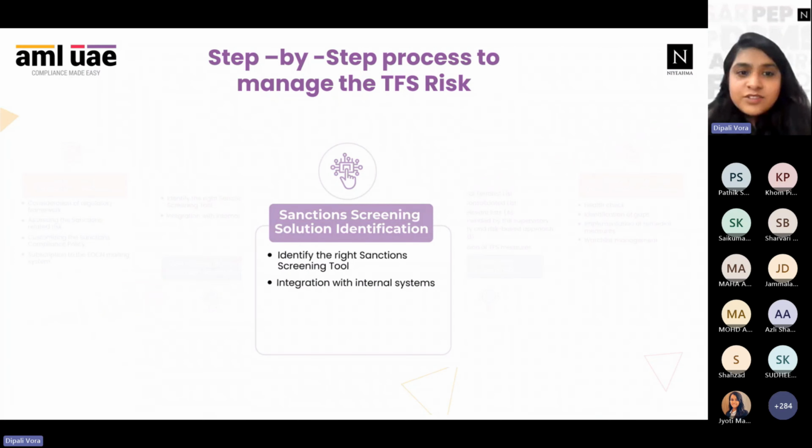We should not have a software just for the sake of having it. We have to make sure that it is fulfilling our organization's requirement. So that is selecting the correct sanction screening solution.